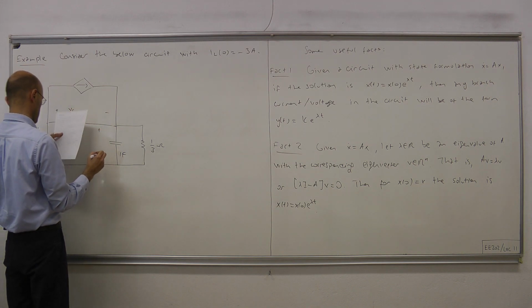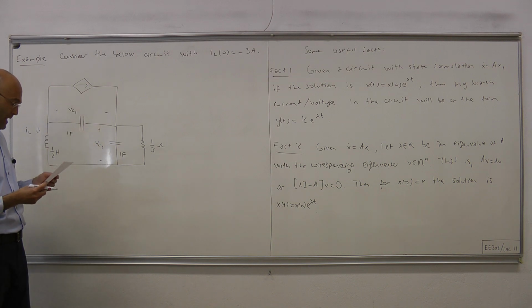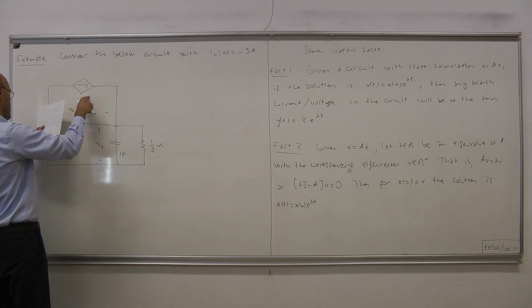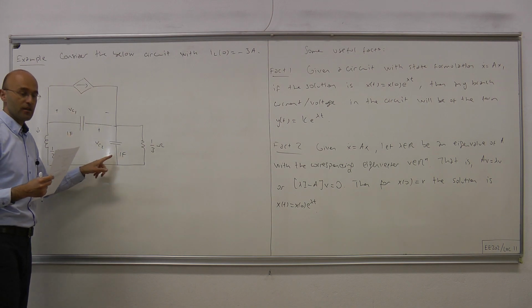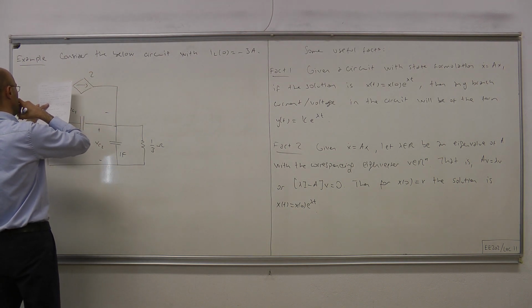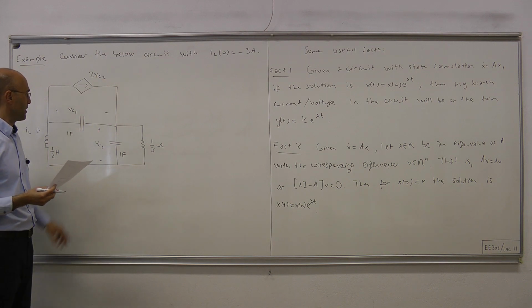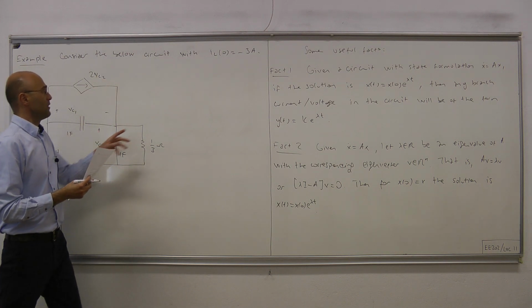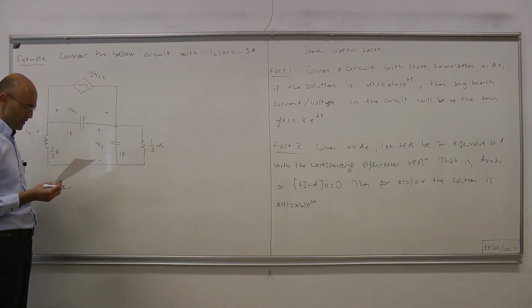This is the second capacitor voltage, VC2. And this dependent source depends on the second capacitor voltage, and it produces the current 2 VC2. Okay, and the initial condition for the inductor current is given to be minus 3 amps.